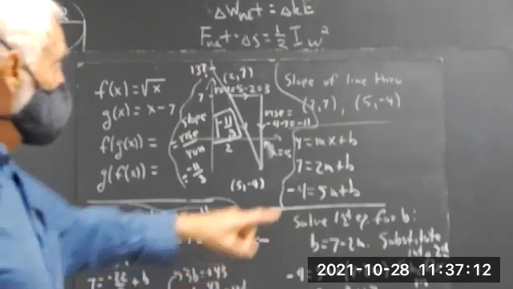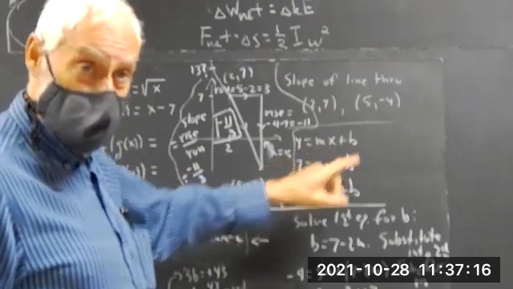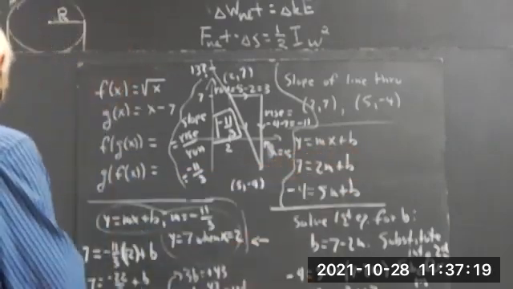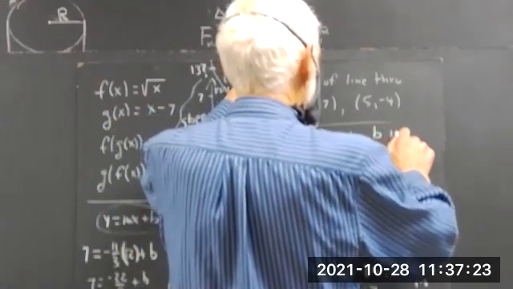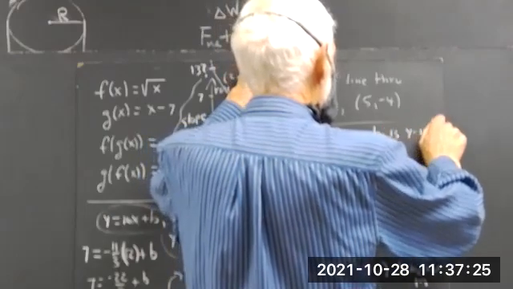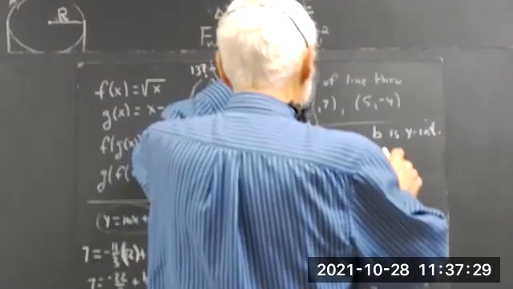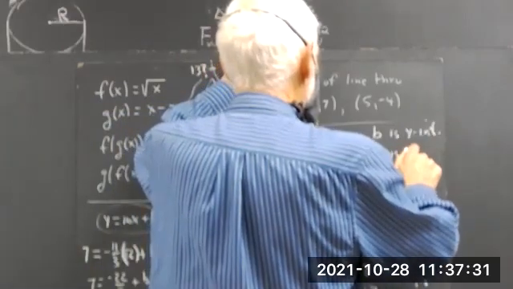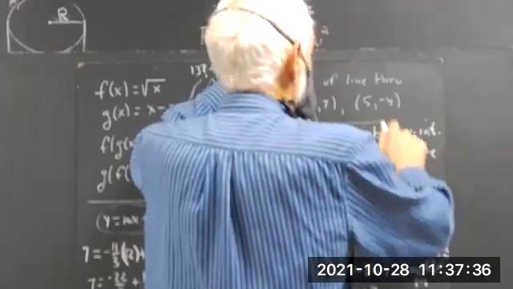Because again, if y equals mx plus b and x equals 0, y equals b. Well, the interpretation here: b is what you call your y-intercept, and m is the slope between any two points on the line.